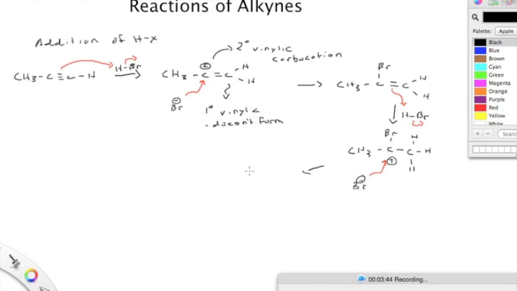And so we end up here with our product, where we have two Brs now added, and we've also added two hydrogens. Remember, we had one that was already there, and so we end up with this type of addition.